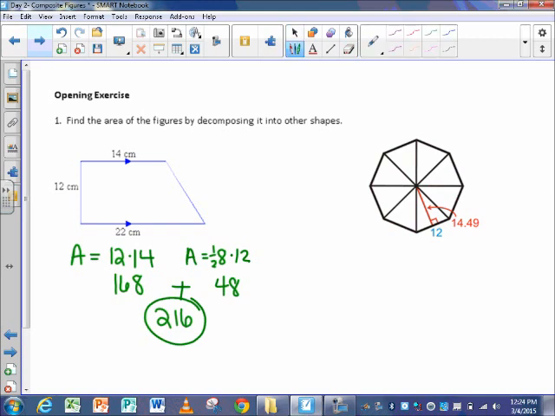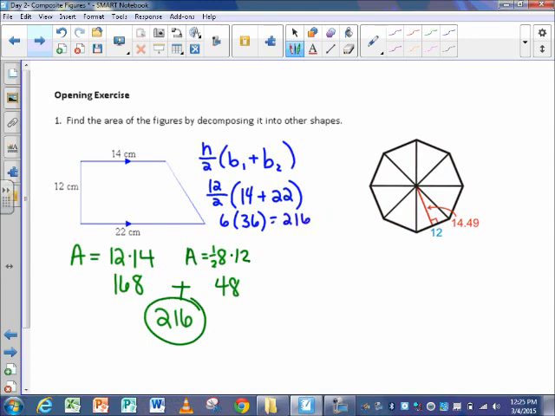That's fantastic. We said yesterday that the area of a trapezoid is h over 2 times b1 plus b2, where your height is 12 and your bases are 14 and 22. If you type that into your calculator, you really have 6 times 36, and that is also 216.